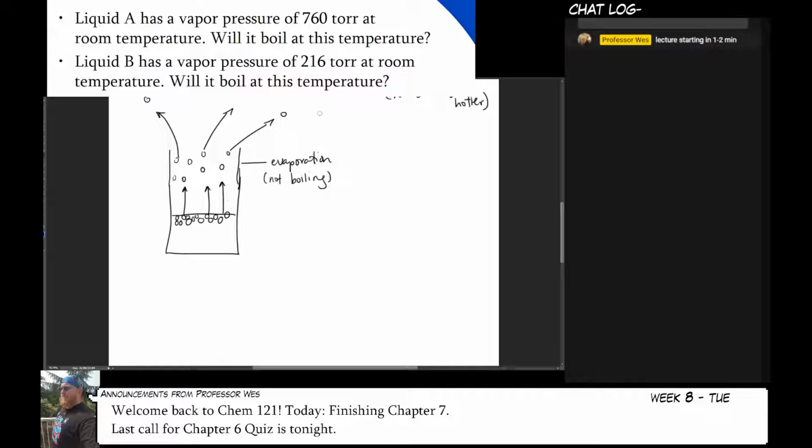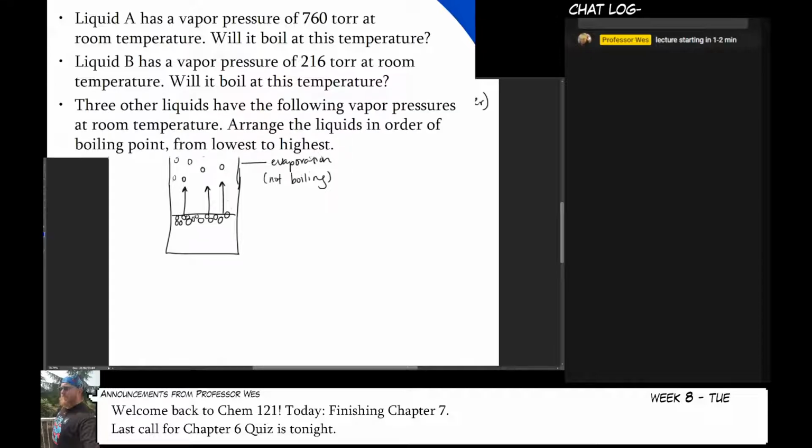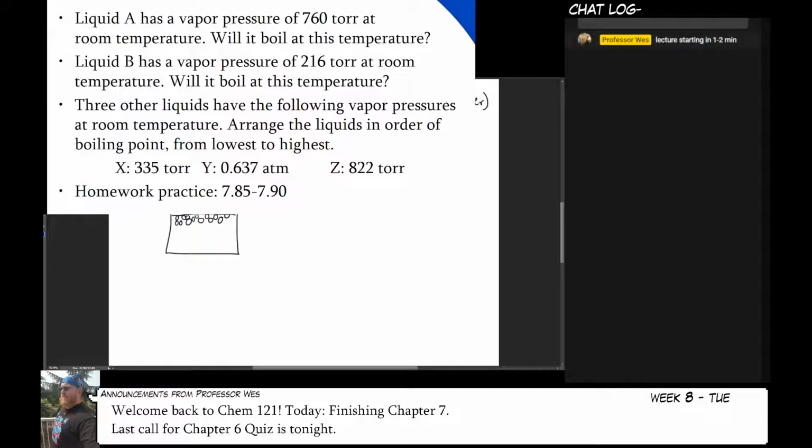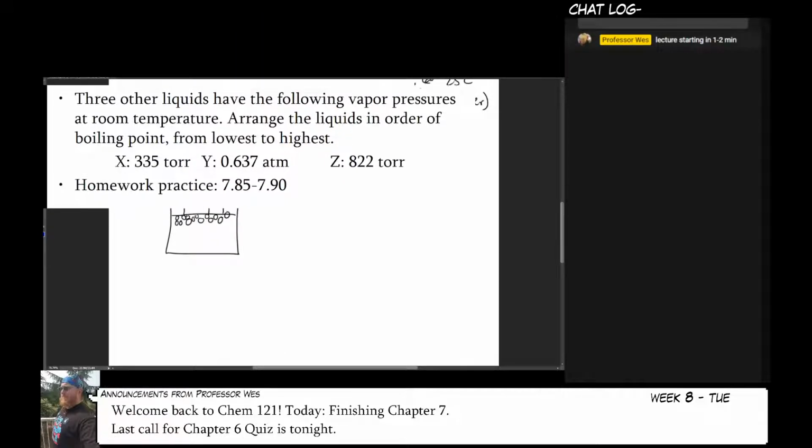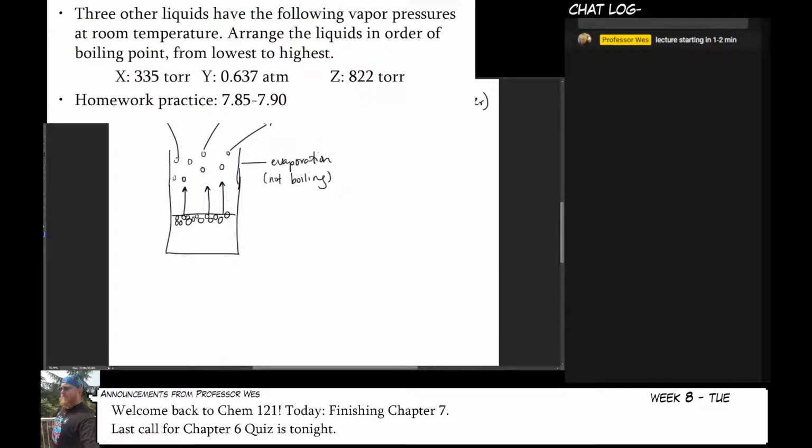So if you leave a cup of water out on your countertop, it will eventually evaporate away. However, we do not want to call that process boiling because the preferred state of water at that temperature is to be a liquid based on how much vapor pressure it has.